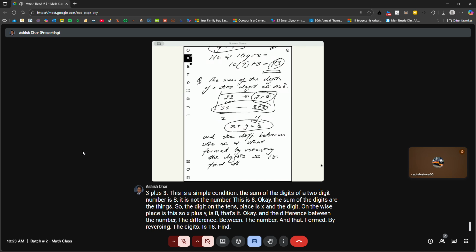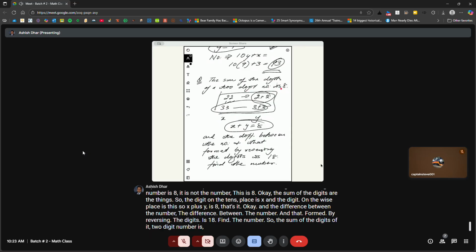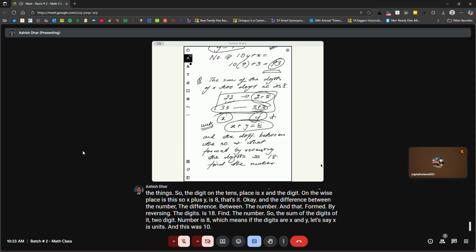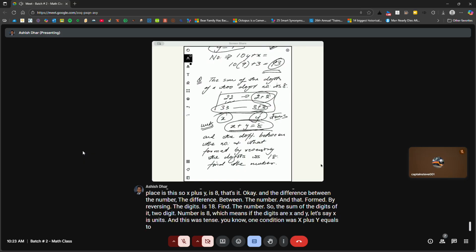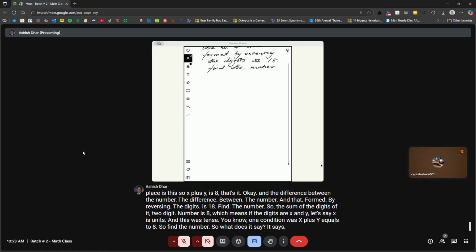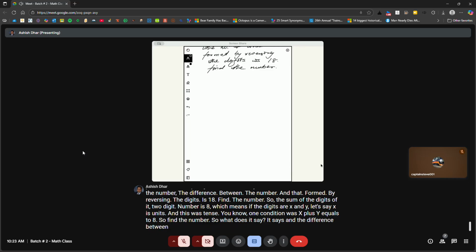Find the number. So the sum of the digits of a 2-digit number is 8, which means if the digits are X and Y, let's say X is units and Y is tens, one condition is X plus Y equals 8. So find the number. So what does it say? It says, and the difference between the number and that formed by reversing the digits.